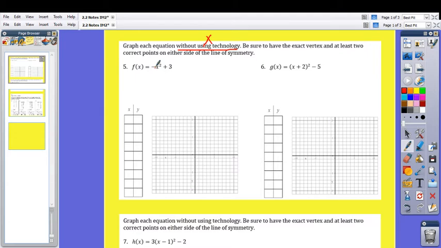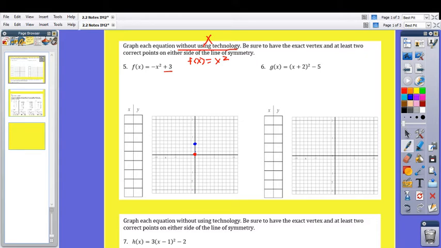So if I was graphing a regular y equals, or f of x equals x squared, then this would be my vertex. But because I have this plus 3, I will be moving my vertex 3 up. So 1, 2, 3, this will be my vertex.